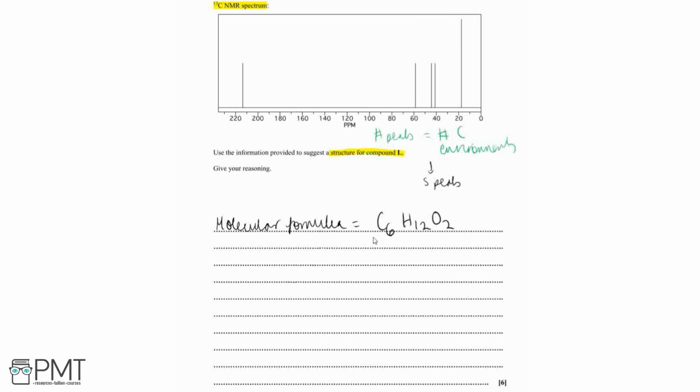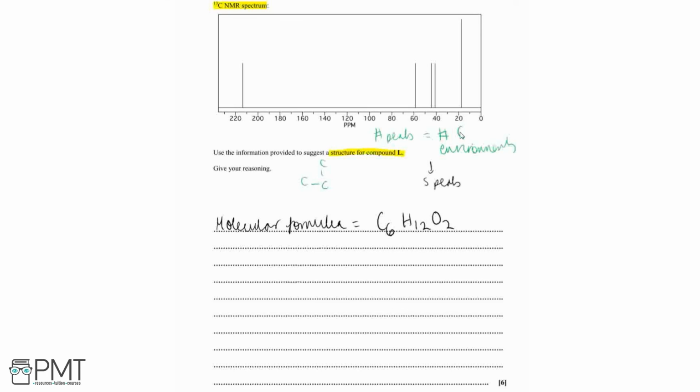And because we've got 6 carbons in our compound, what this tells us is that we've got to have some situation where 2 different carbons are in the same environment, so some aspect of symmetry. For example, maybe something like this, where you've got 2 carbons bonded to the same carbon, where they're in an identical environment there.